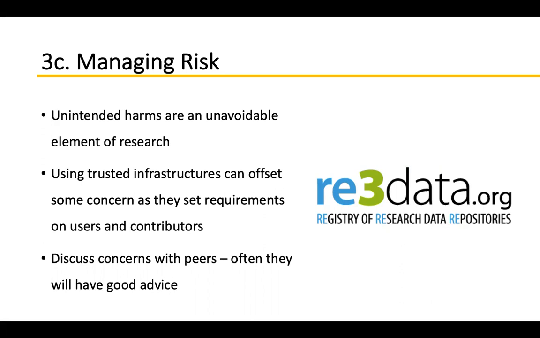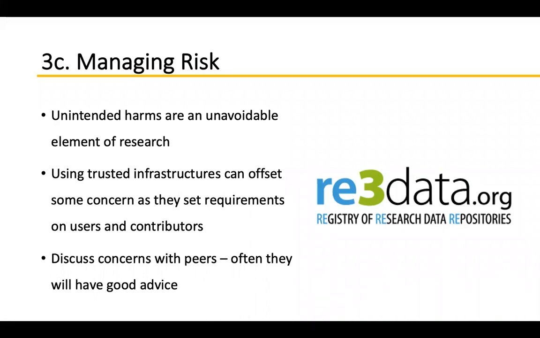However, ensuring that your data are visible and transparent and using trusted infrastructures can be a way to offset some of these concerns. As they set requirements on users and contributors, it ensures that there's lots of eyes on the data, lots of eyes on the reuse of data, and lots of people who can flag up any concerns.